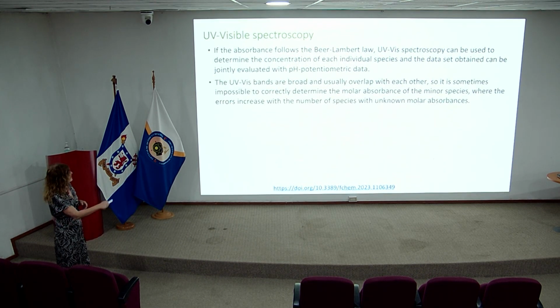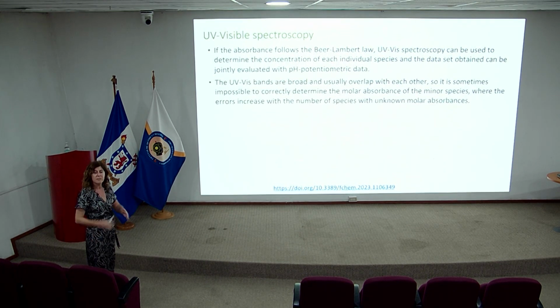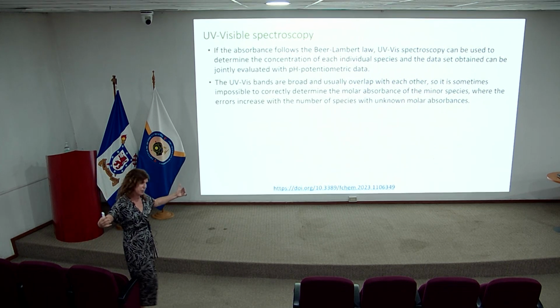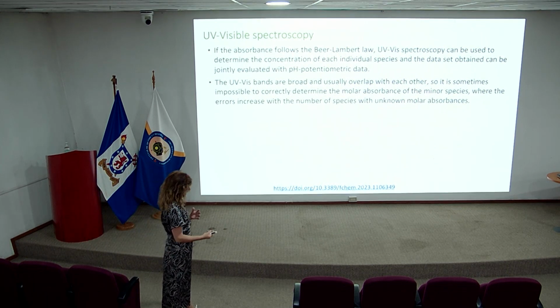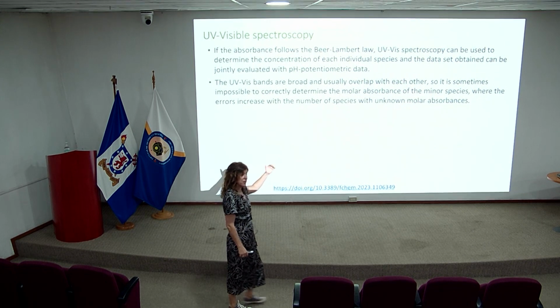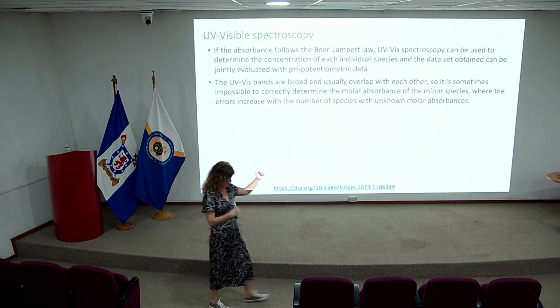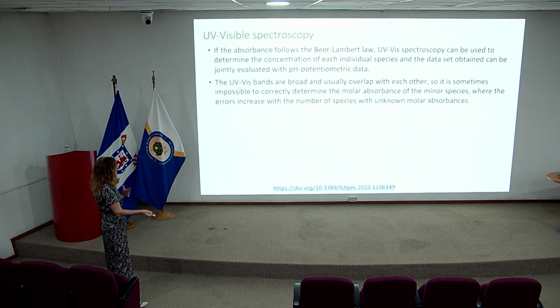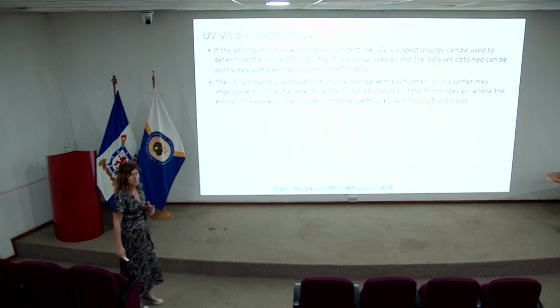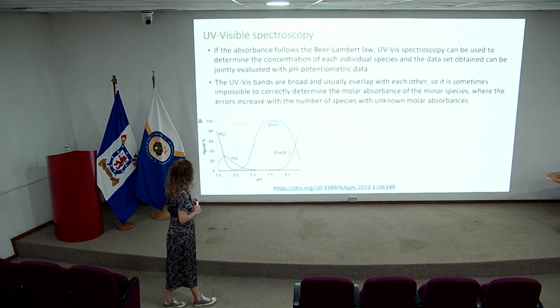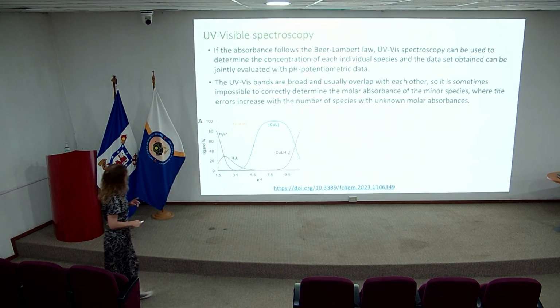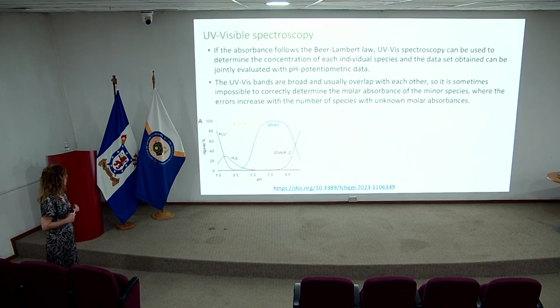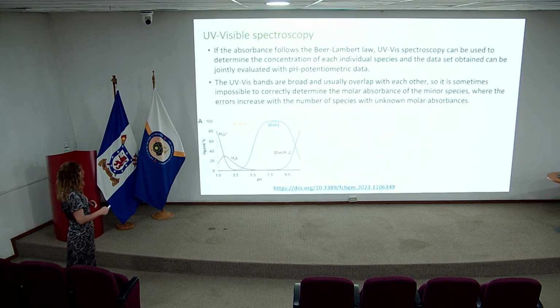You know this, the UV visible bands are typically broad. So imagine that we have a major species and a minor species, and sometimes we cannot detect these minor species with accuracy. For instance, this is one system that we were working on recently.